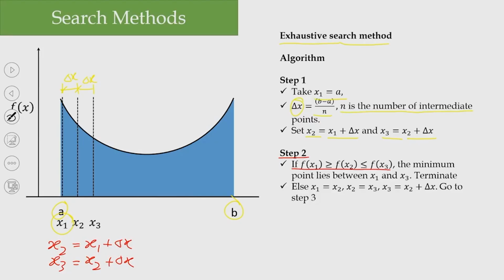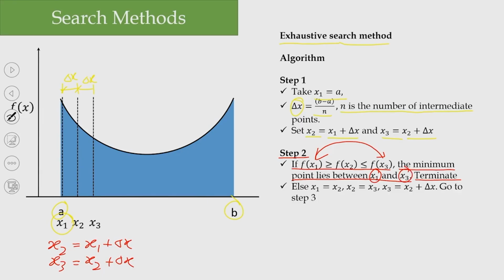If this condition is satisfied, the minimum point lies between x 1 and x 3. Then we terminate the search process. We say that the lower bound is x 1 and the upper bound is x 3, and we terminate the search.